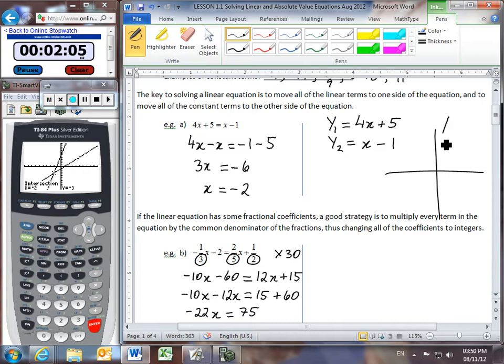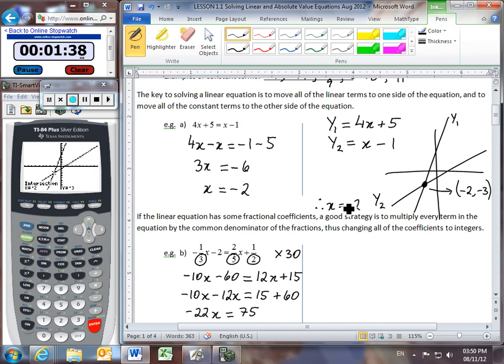That would be the y1 line, and the y2 line would look something like this. And we can see that they intersect right at this point, whose coordinates are negative 2, negative 3. And so you could draw this picture as your justification for x equals negative 2, instead of doing the algebra.